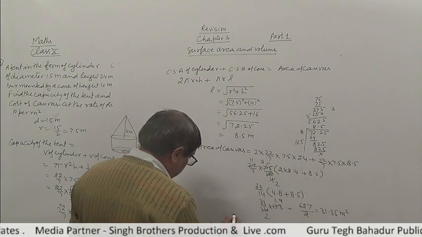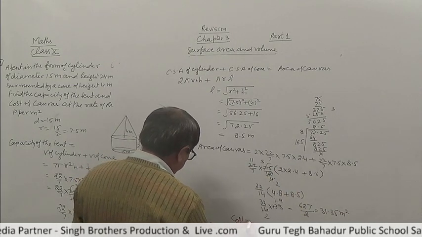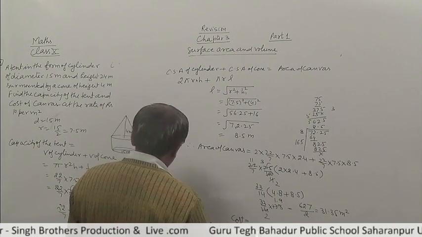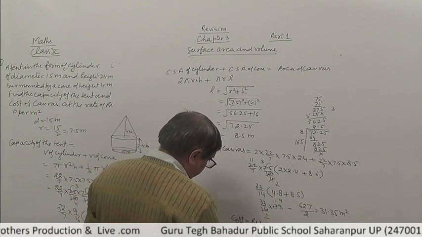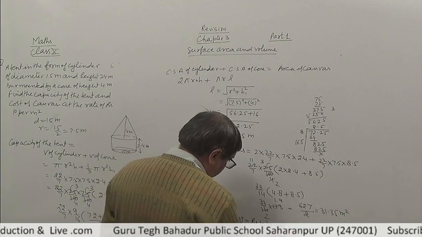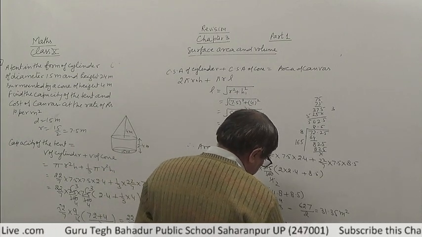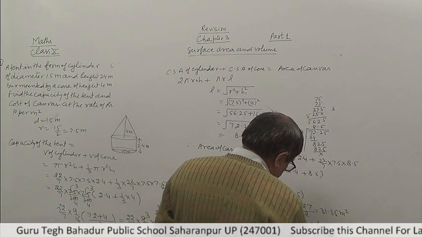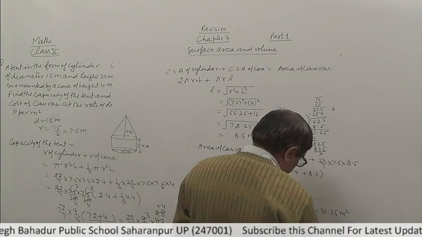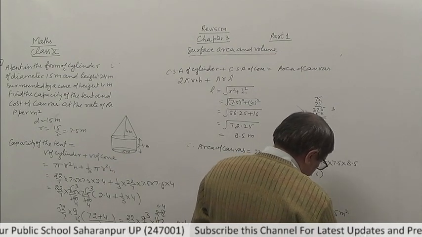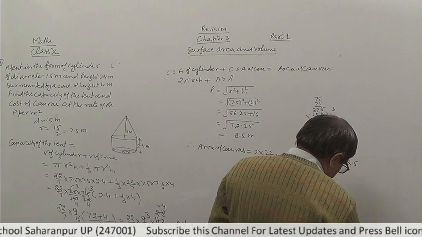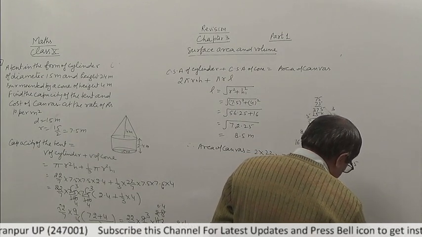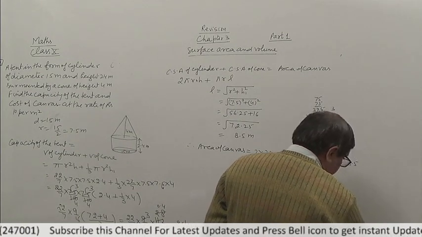So cost is rupees 10 per meter square. Therefore total cost is 31.35 into 10, which is equal to rupees 313.50. Thank you.